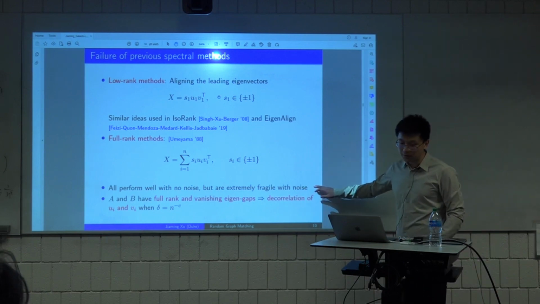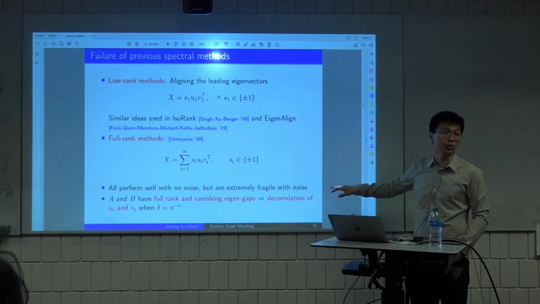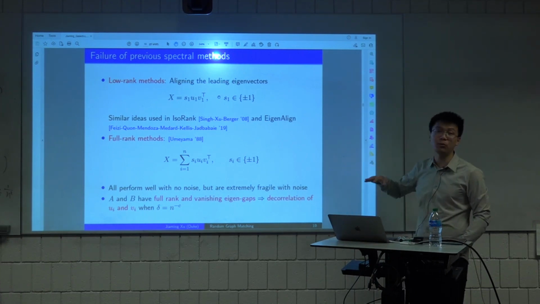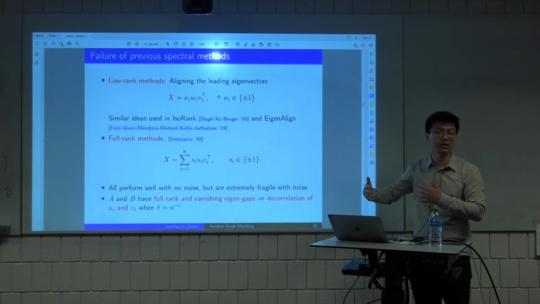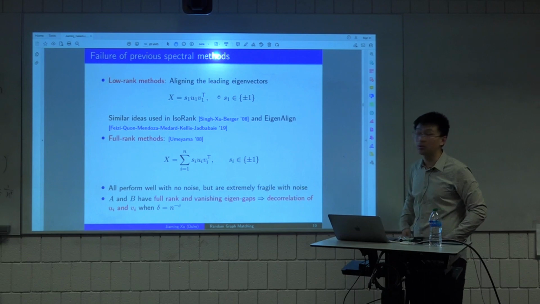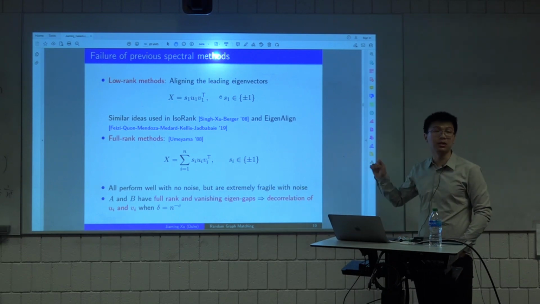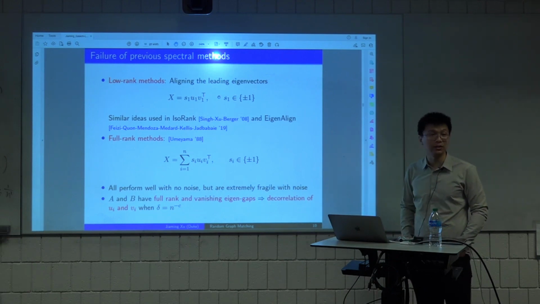But unfortunately, it turns out that all these methods work really well only if there's no noise. If there's no noise, then u_1 and v_1 are just the same up to some shuffling of the coordinates, and these methods work very well. But as long as you inject some noise into this problem, then these methods become very fragile.